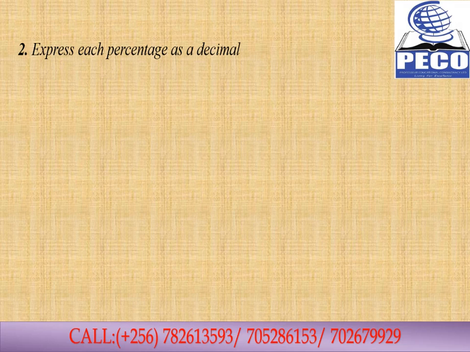The next question: express each percentage as a decimal. Part A, I have 20% as a decimal. Percent means out of 100. So once I divide, you can even use your calculator, 20 out of 100 will give us 0.2.